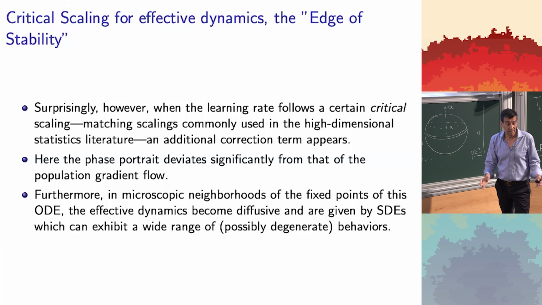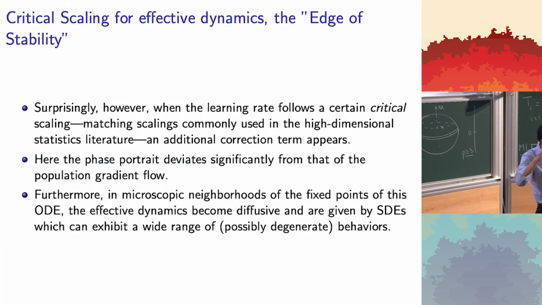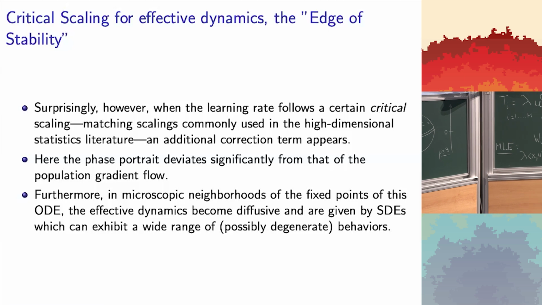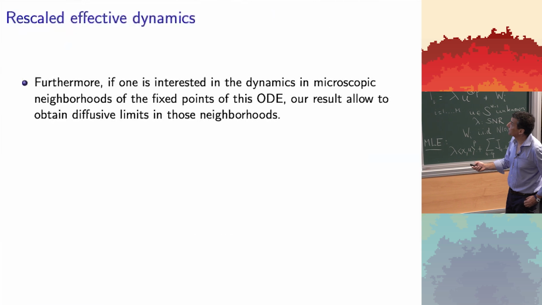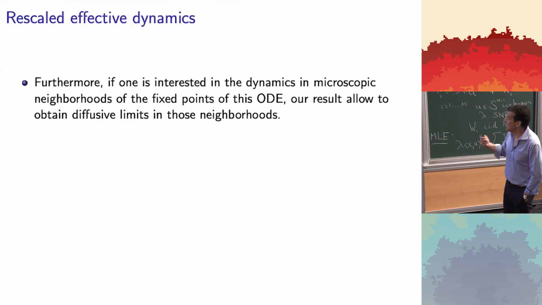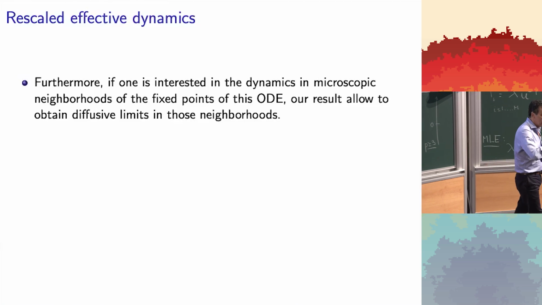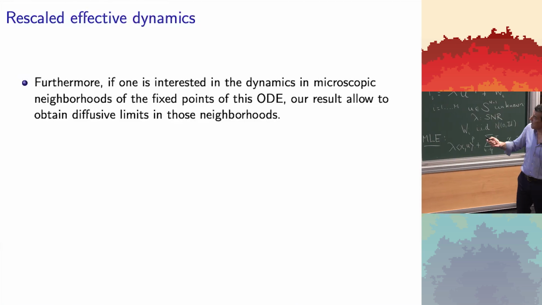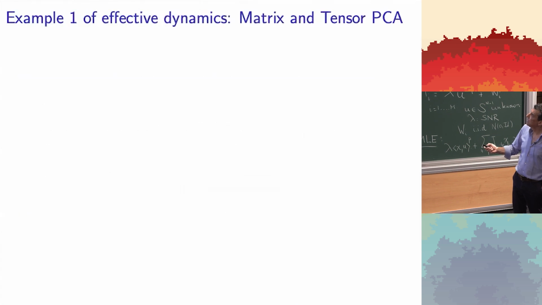So it's microscopic, but it carries all the mass in the high dimensional setting. But in the projection, it's just a tiny thing. So when you are interested in what's going on in those critical regions, you can rescale time, and then you have new dynamical systems appearing. I won't spend time here.